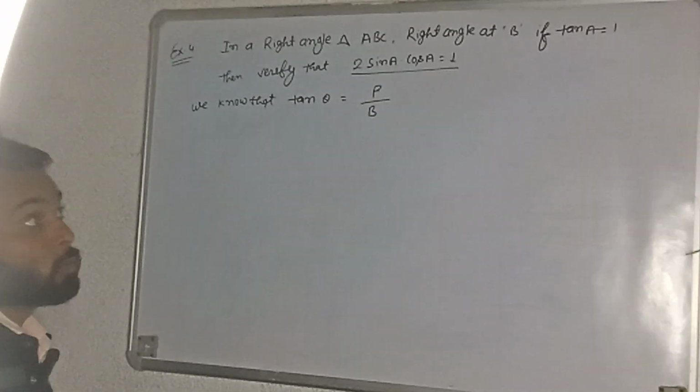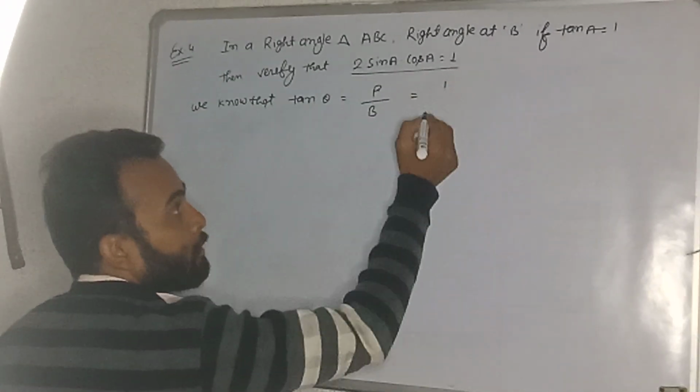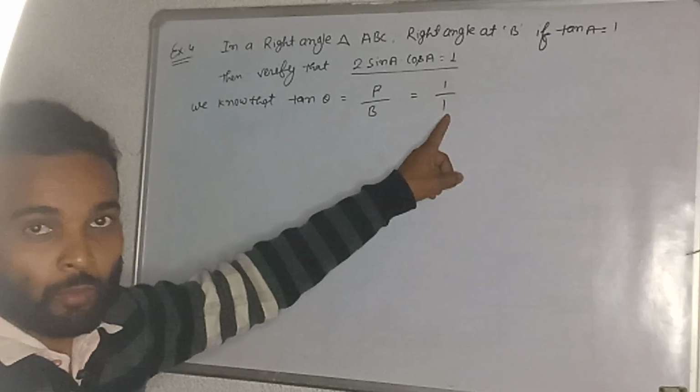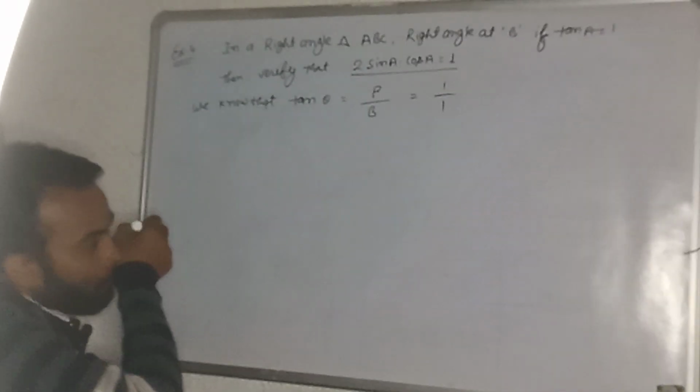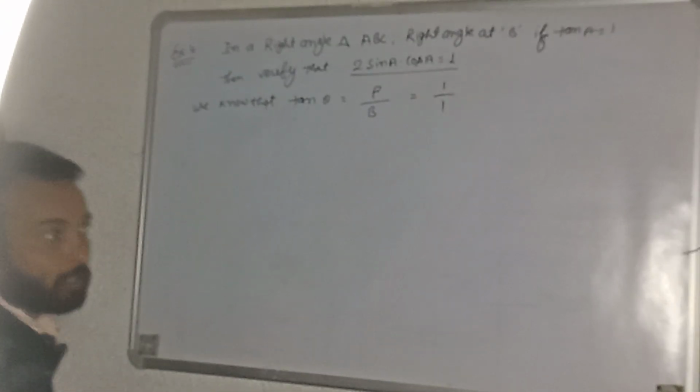Tan theta is equal to perpendicular upon base is equal to 1 by 1. We write 1 upon 1. Here perpendicular is 1 and base is 1.